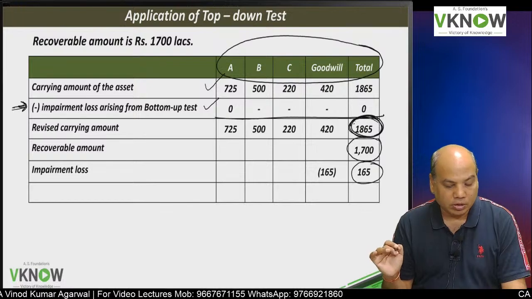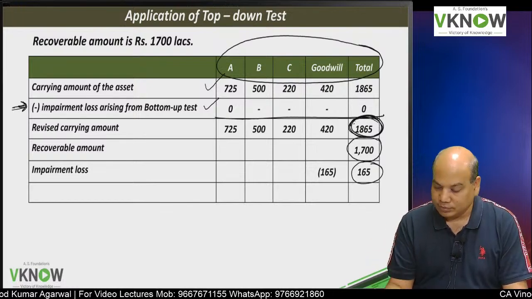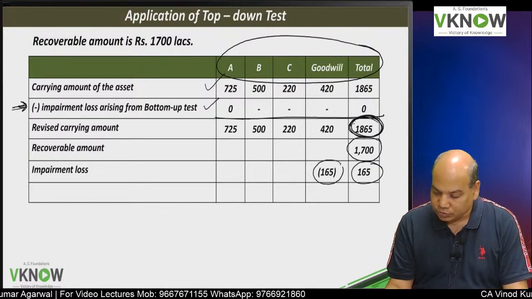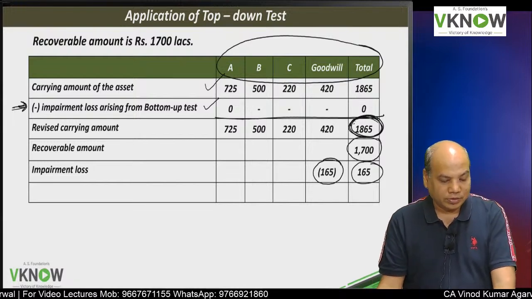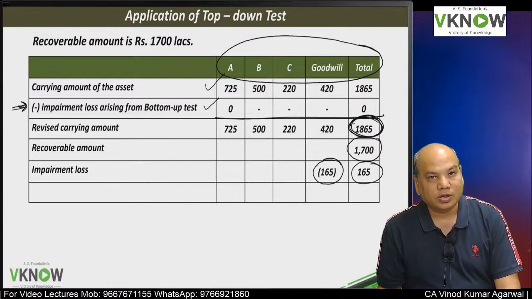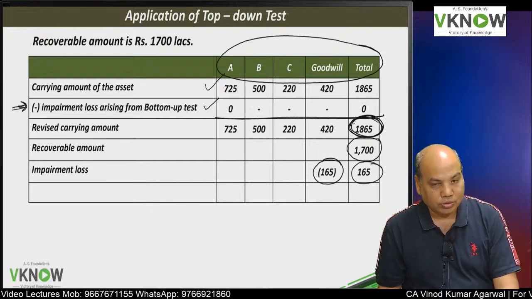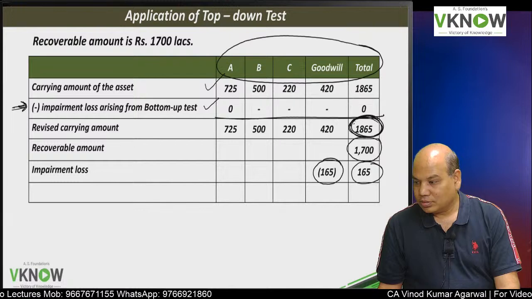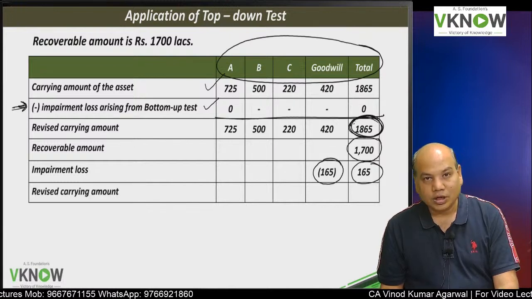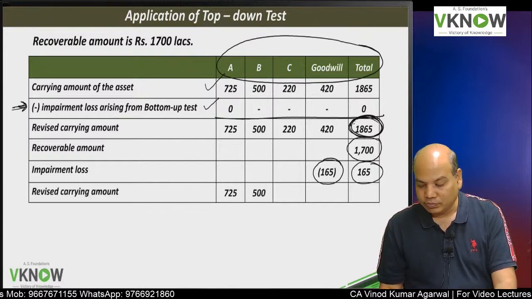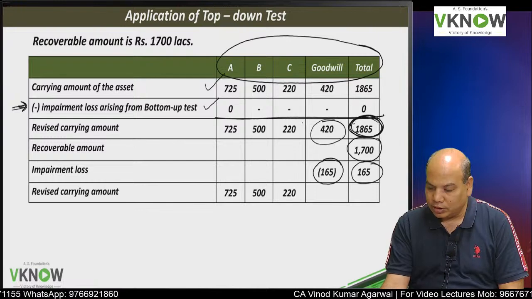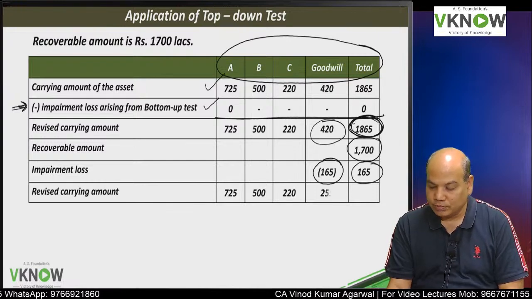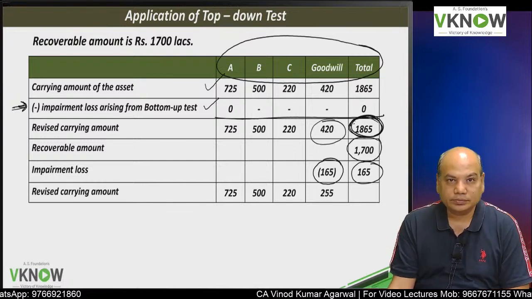There is an impairment loss of 165 that will be fully allocated to goodwill. Therefore the revised carrying amount will be unit A 725, B 500, C 220, but goodwill will reduce to 255.